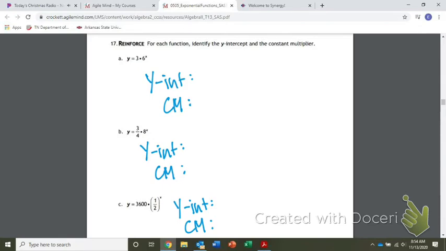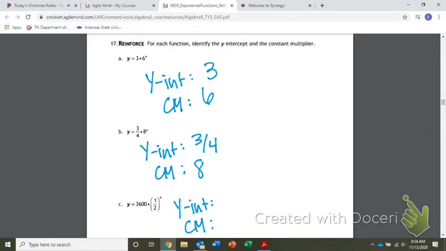All right. On A, Kendall, what did you get for your y-intercept? 3. Good. Dallas, what did you get for your constant multiplier? 6. Good. Lawson, what about y-intercept on B? 3/4. Good job. Kate, what about the constant multiplier? 8.